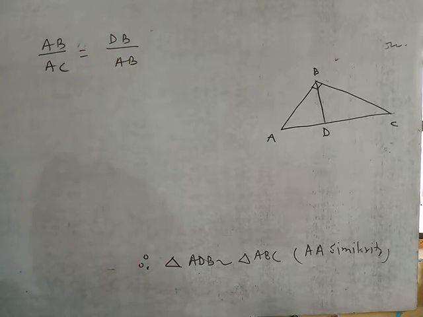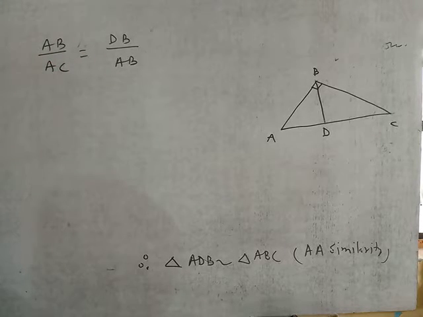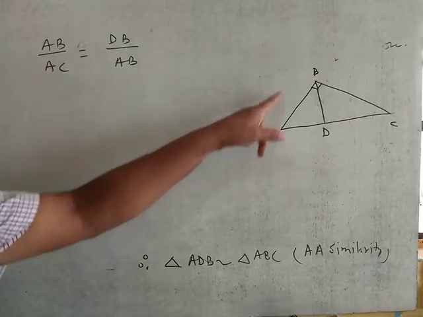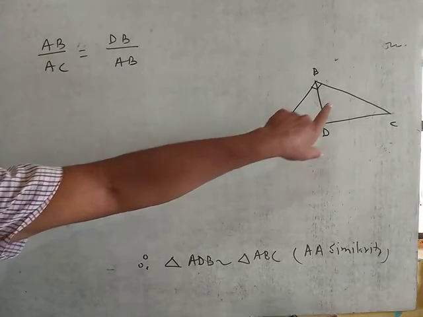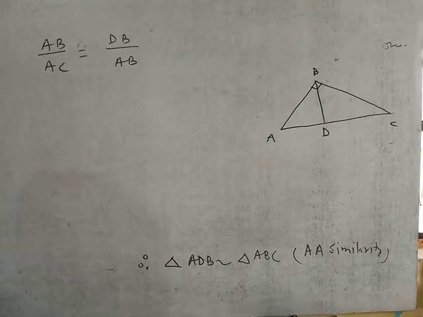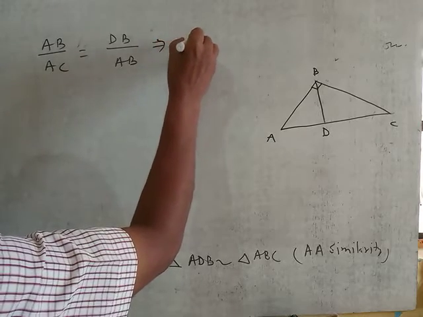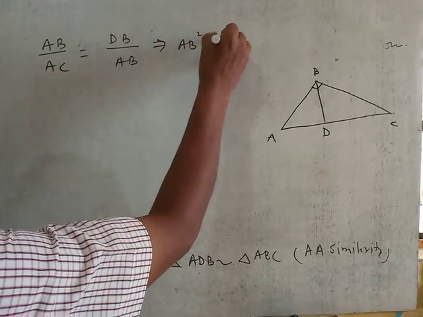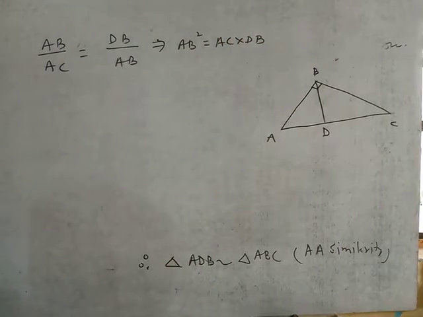Okay. Do you know why I have taken it in this way? Because the aim is to prove that AC square is equal to AB square plus BC square. This you have to prove. So this implies that AB square is equal to AC into DB.